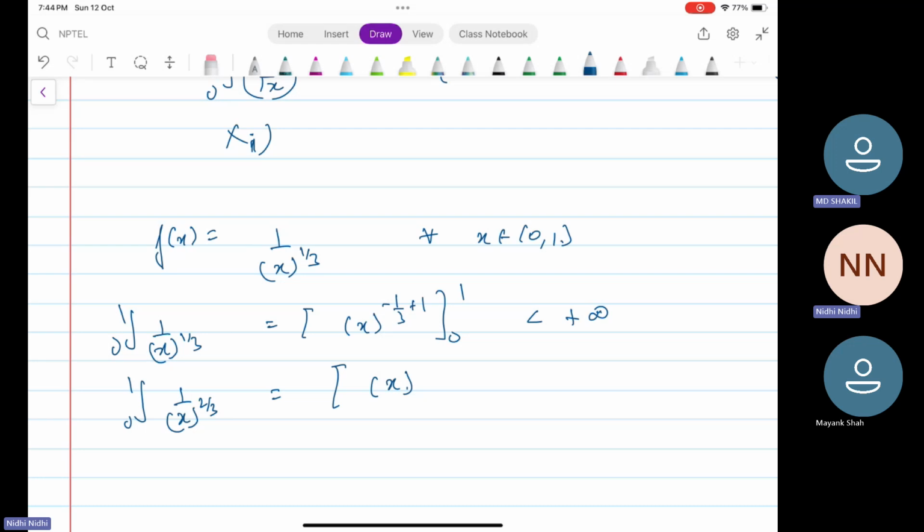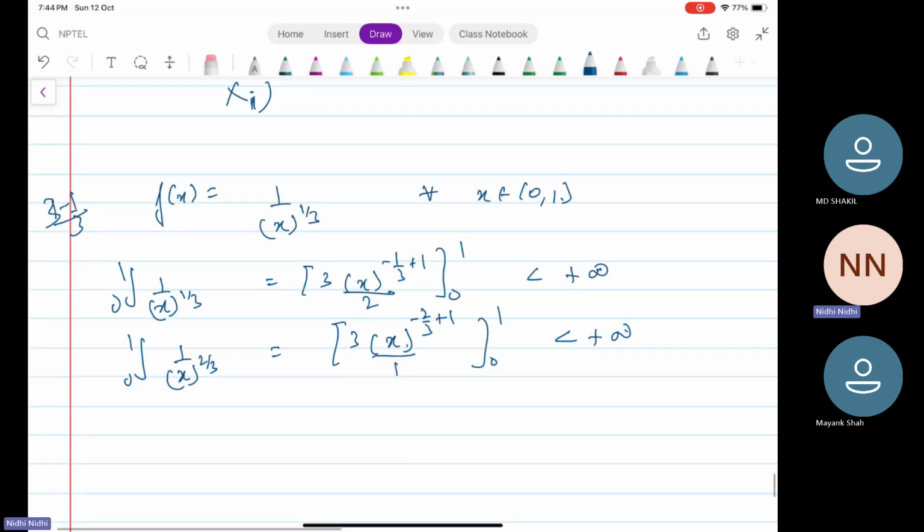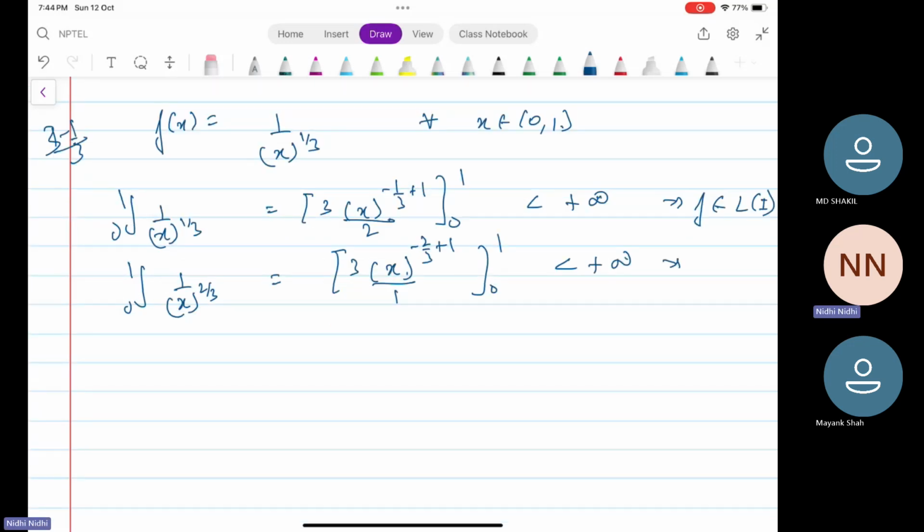It gives x to the power minus 2 by 3 plus 1, which is 1 by 3, upon 1 by 3, from 0 to 1, whatever it is. Since the power of x is positive, this will also be finite. Therefore, f belongs to L1, and from here f belongs to L2(I). But clearly this function is not bounded in the open interval 0 to 1.